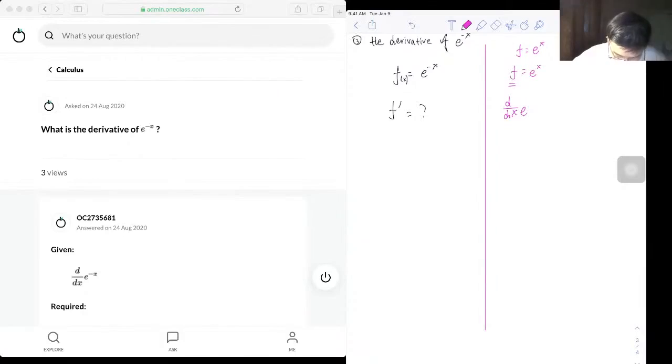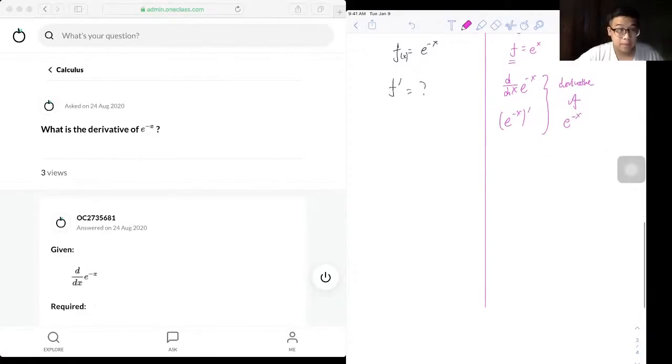So if we write d over dx times e to the negative x, and e negative x with apostrophe, these all mean the derivative of e to the power of negative x.